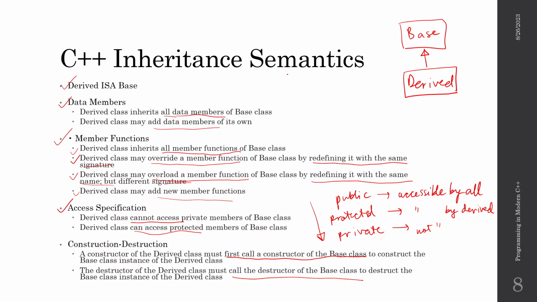So when you see that this derived is an instance of the base, basically you will have a small base class within the derived class.